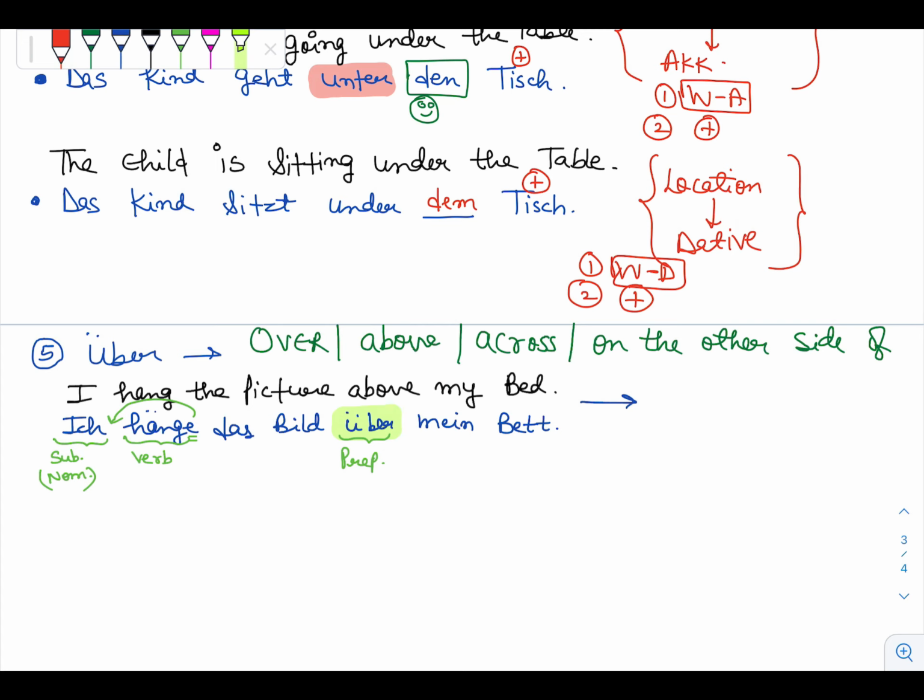Now we need to check the movement or location. I hang the picture above my bed means movement. Accusative. So first thing, Wechsel of accusative. Second thing we require is the gender, which takes neutral. So accusative of neutral.